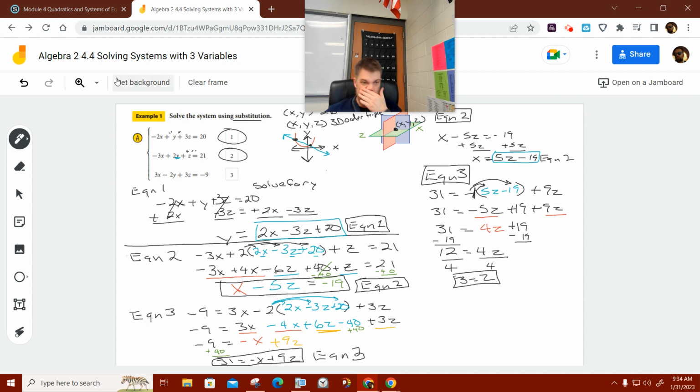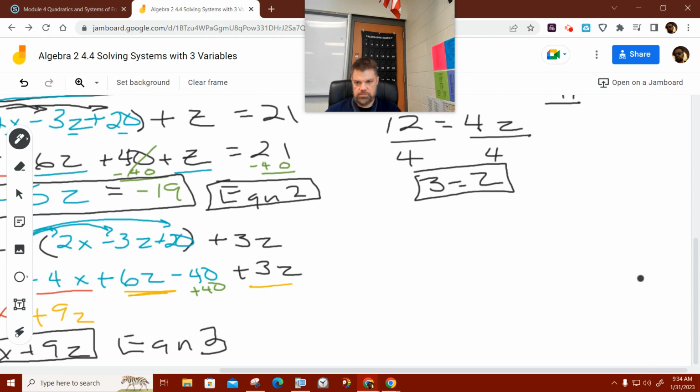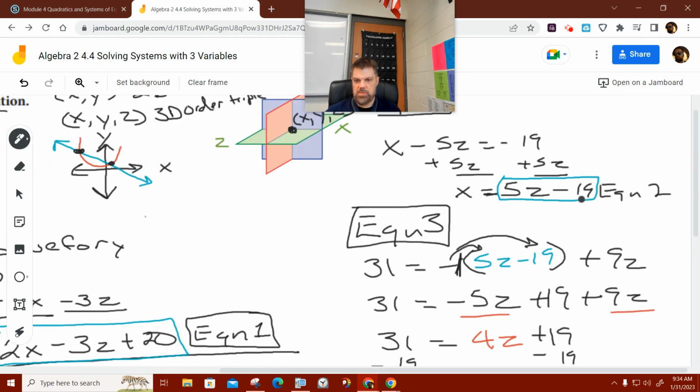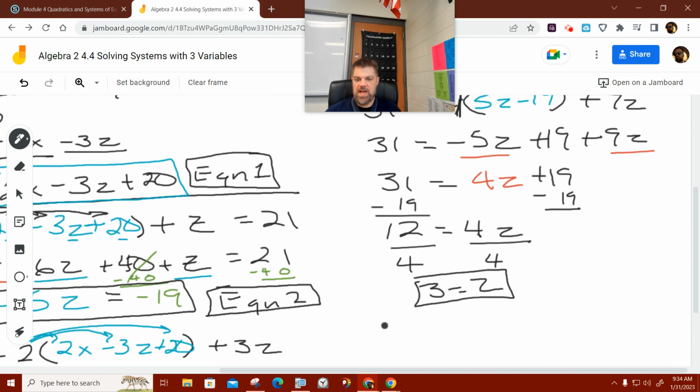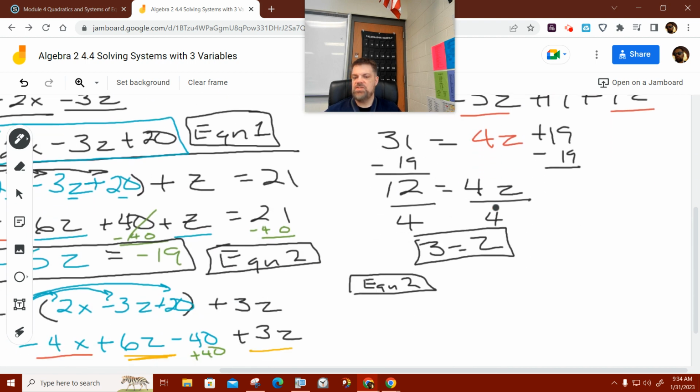So if I take equation 2, the modified one that I solved up here, I'll write this down, equation 2, and this is where the practice comes in. You're going to go, well, how do I solve for the next variable? You've got to find only 2 variables. This one's easy. Why did I pick this? Because it's already set equal to x.